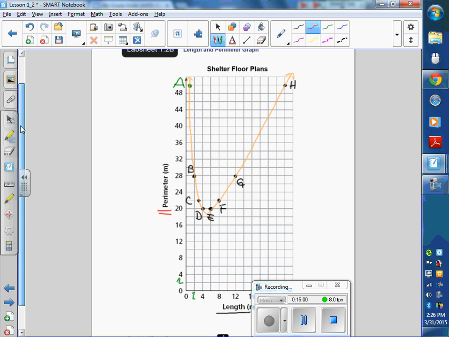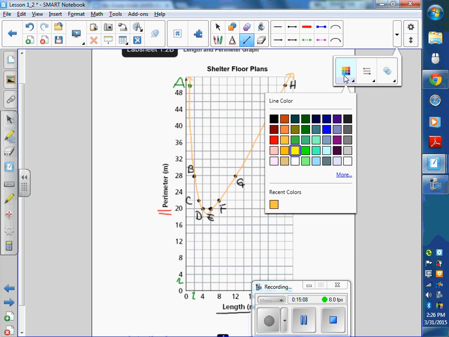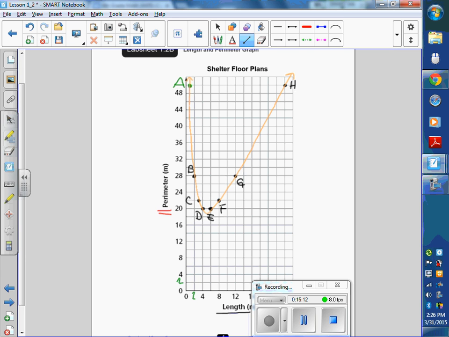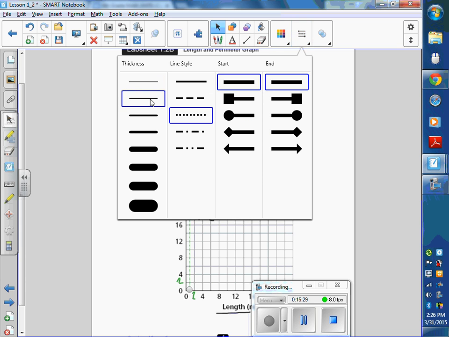So when I look at A, if I didn't know the length, I would take a ruler or something like a very thin line, and I would go to A, and I would drop a vertical line down. Can you see that? It's kind of too light, isn't it? Let me make that a darker color. Maybe it just needs to be a little thicker.